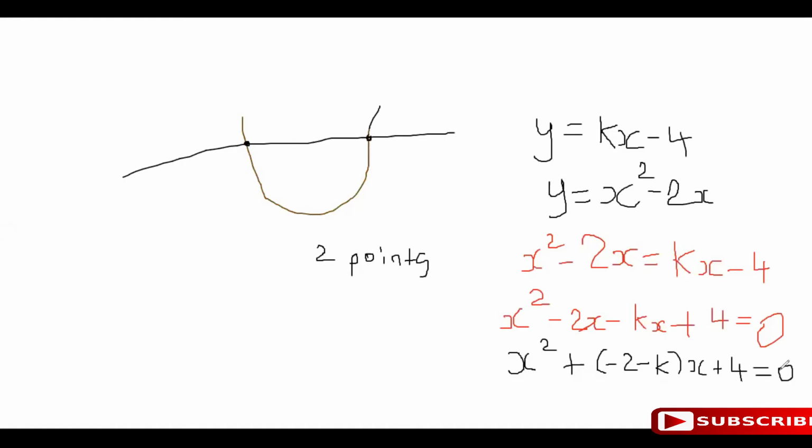All right. Now this question, they're asking what's the value of k that is going to make the line intersect the curve at 2 distinct points. Now the only way the line intersects the curve at 2 distinct points is this. There's something known as the discriminant.